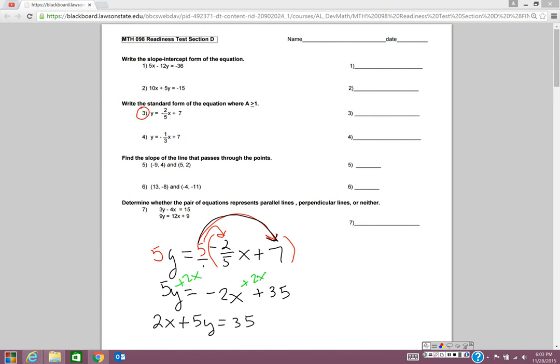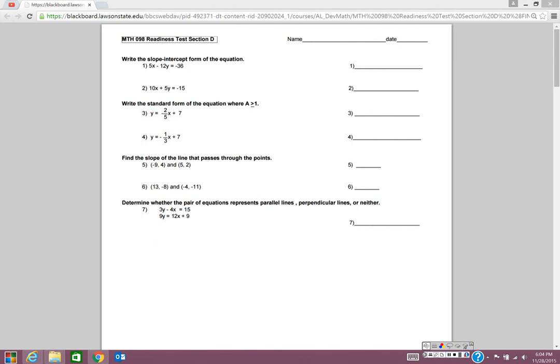So now, as you can see, we are in standard form because the x and y are on the same side. There are no fractions in this, and my a is a positive 2. It's not negative anymore. Alright, let's move on to number 4.